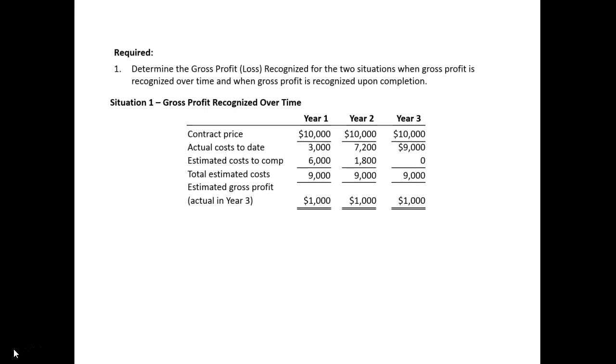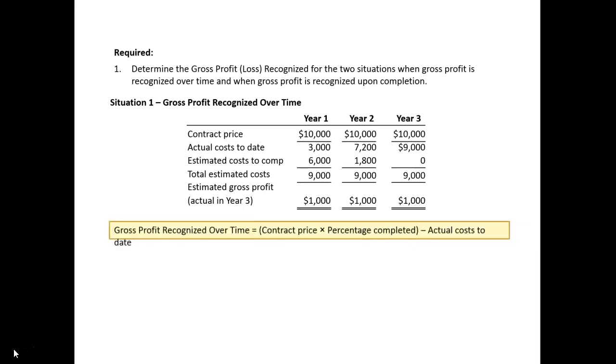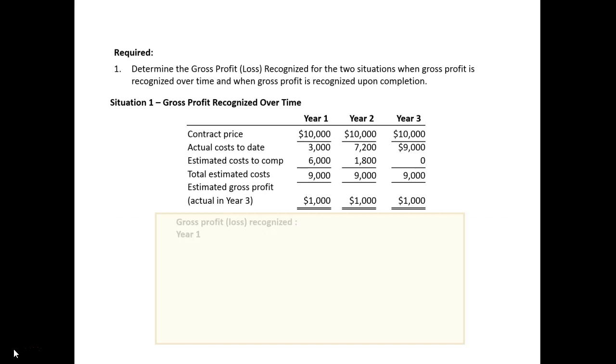Now, determine the gross profit or loss on these situations. With situation 1, gross profit is recognized over time. So we're going to take the contract price times the percent completed minus the actual cost to date.